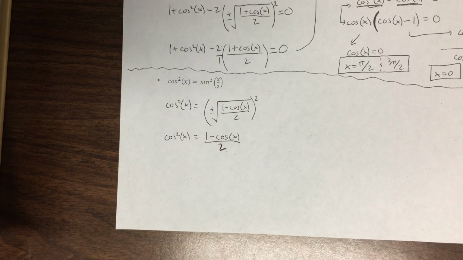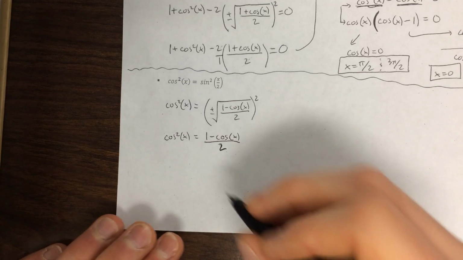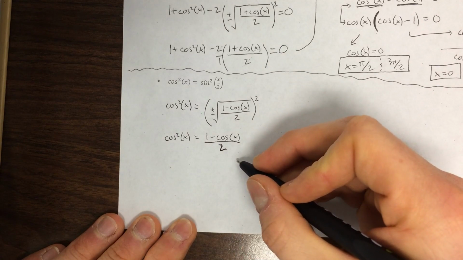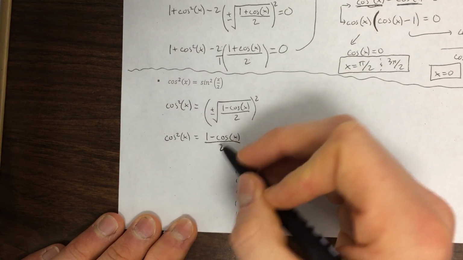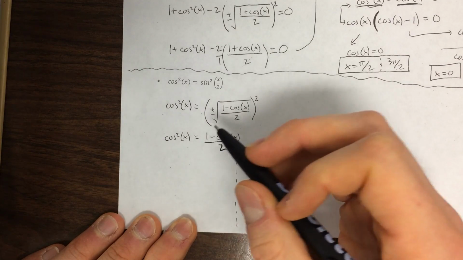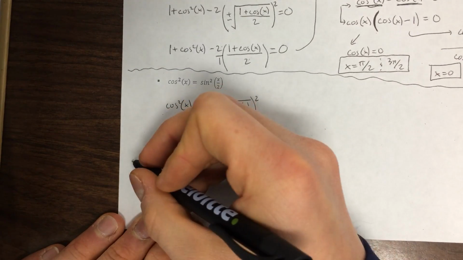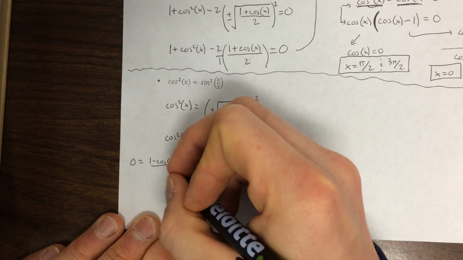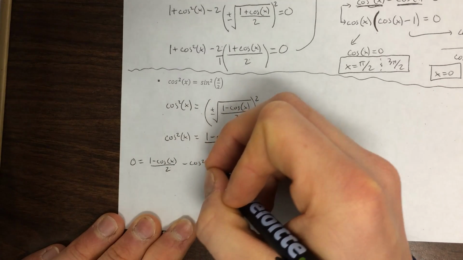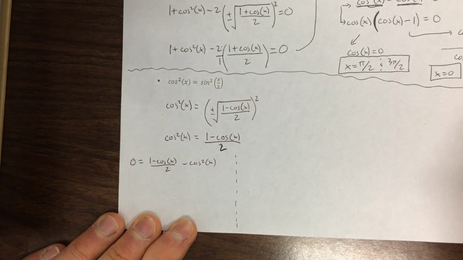Now there's a lot of things we could do here to solve. I'm actually going to do it two different ways just to get everything on one side. One thing we could do is subtract cosine squared and get 0 equals 1 minus cosine x over 2 minus cosine squared x.